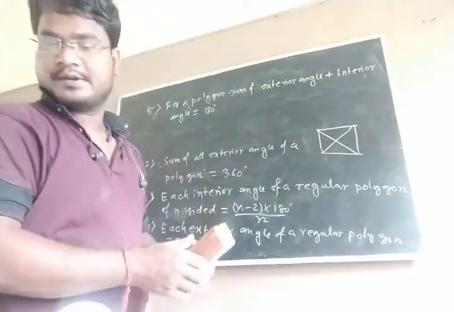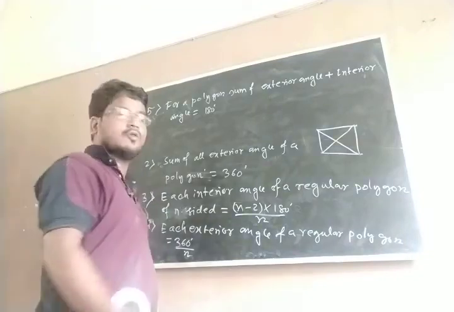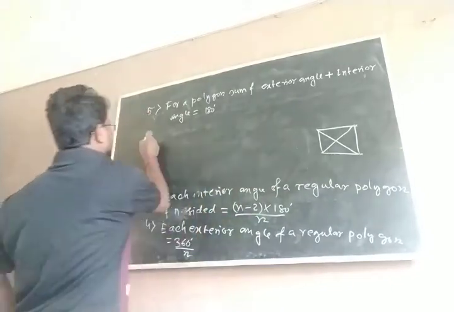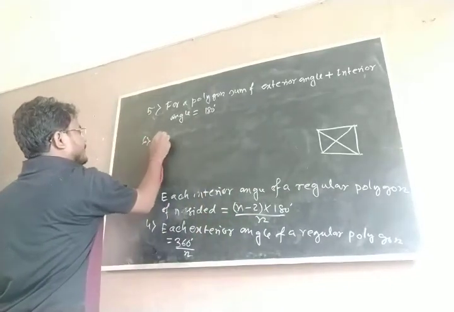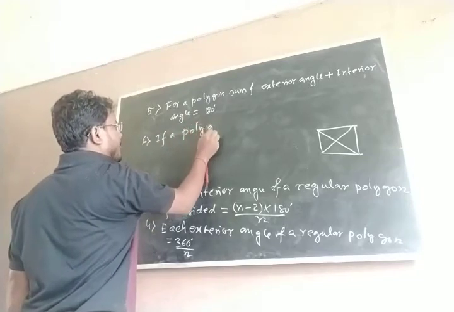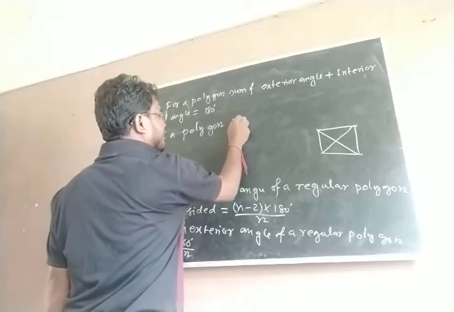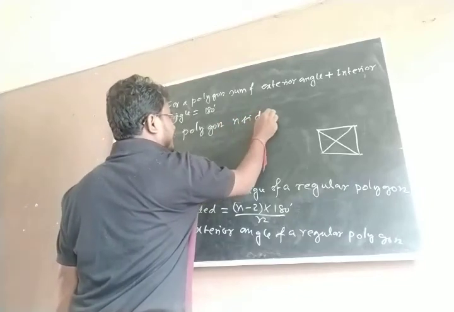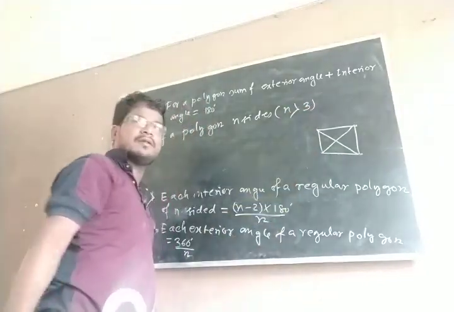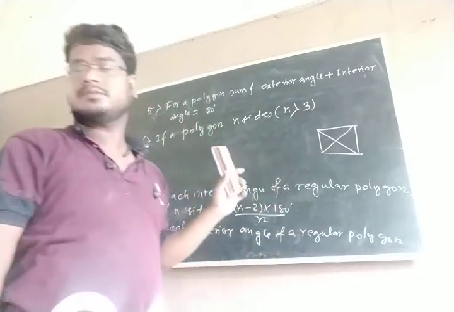If a polygon has n sides, and n must be greater than 3. If it is 3, then no diagonal will be formed.